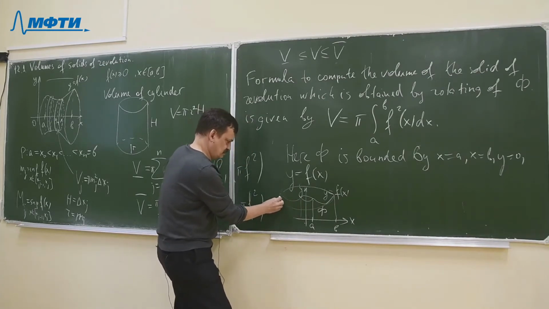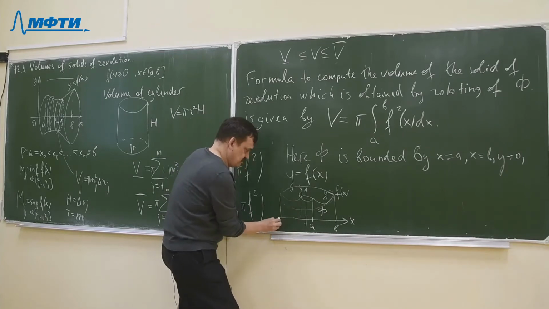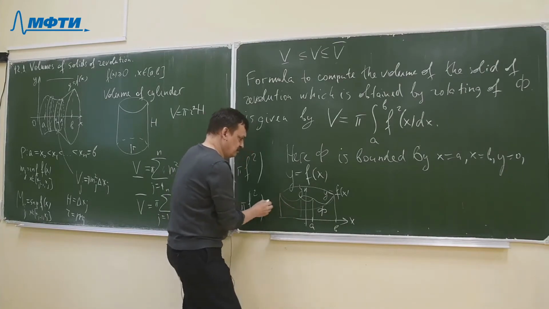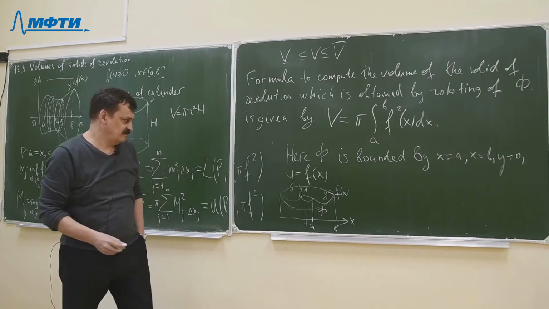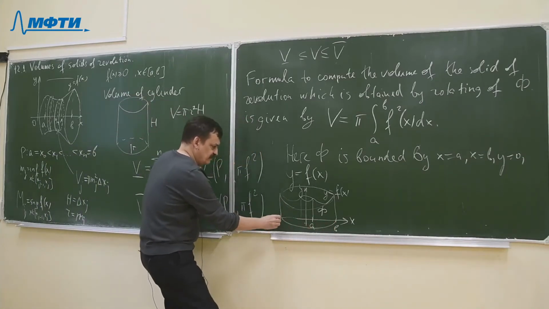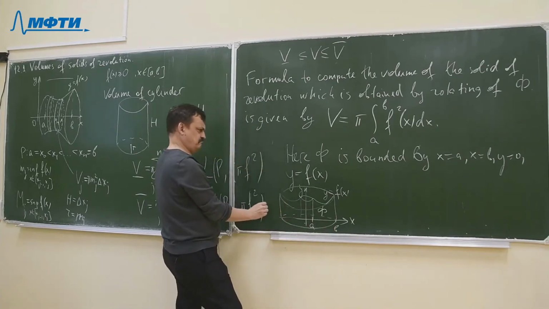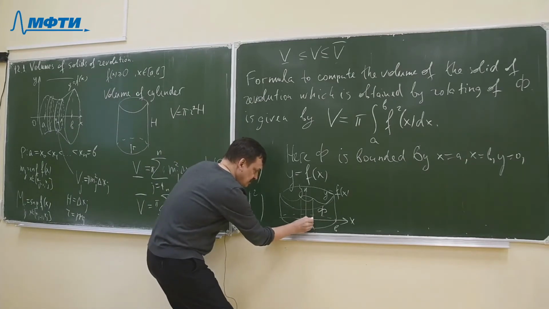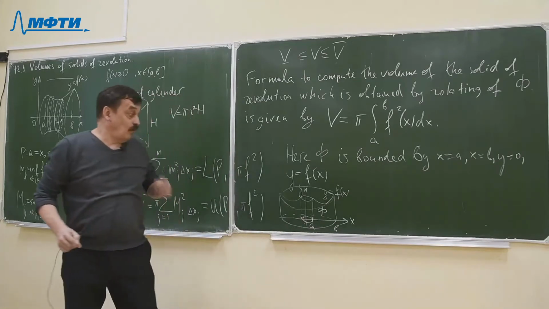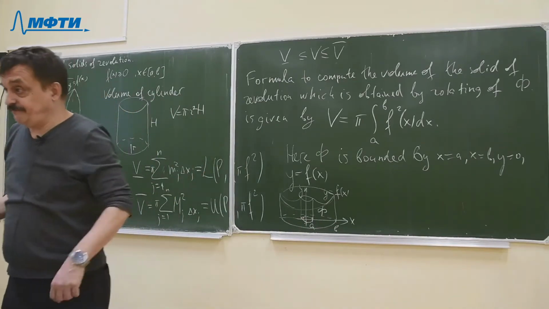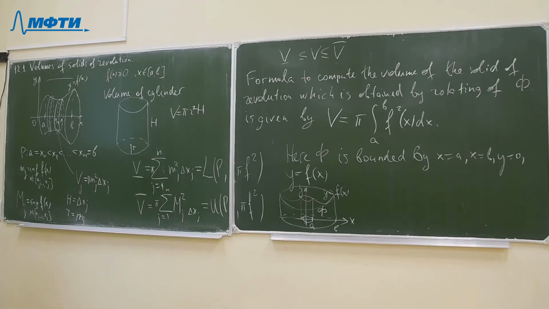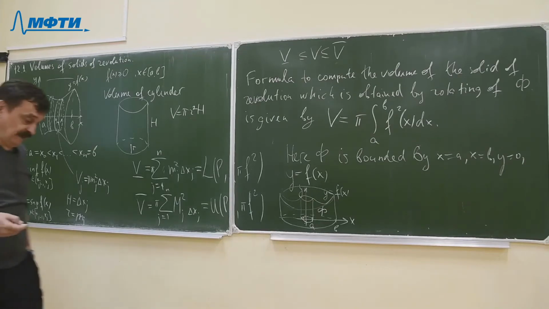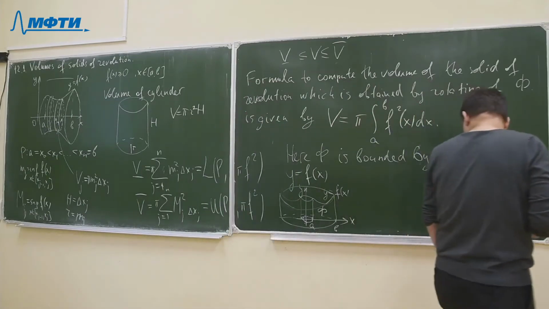So if we rotate our figure phi about the y-axis, we have another solid of revolution. Then how will we proceed in this case?